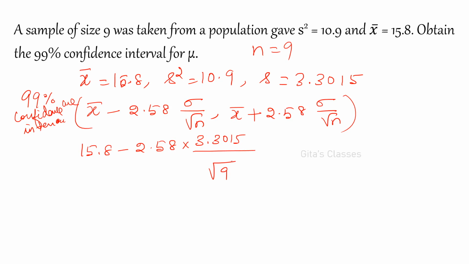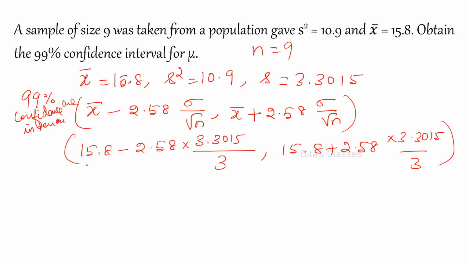Therefore root of 9 is 3. Comma, 15.8 plus 2.58 into 3.3015 divided by 3. Okay. So if you simplify, you will be getting 12.7407 and 18.4193.